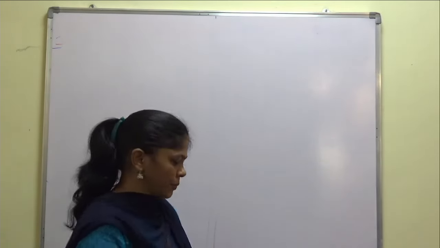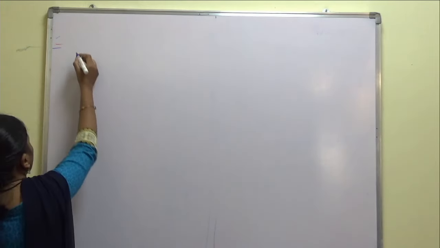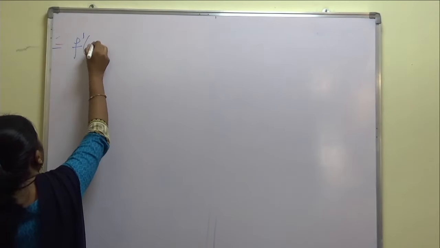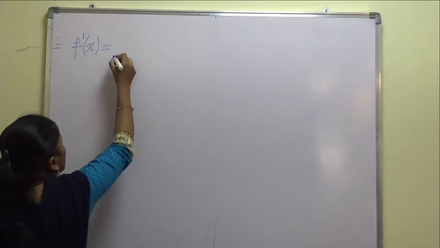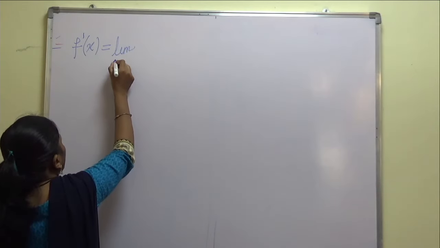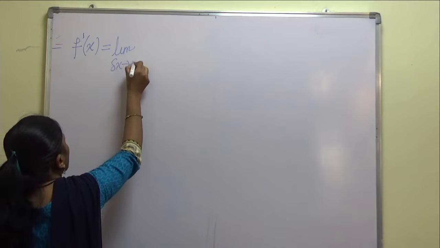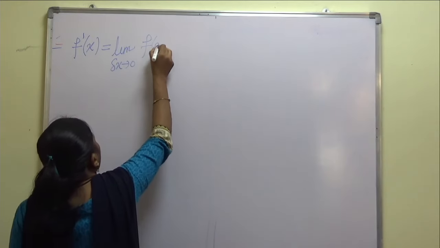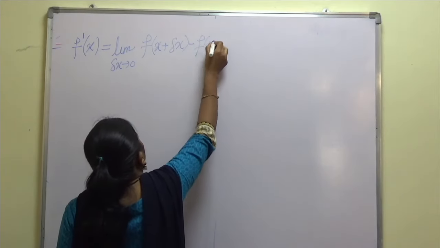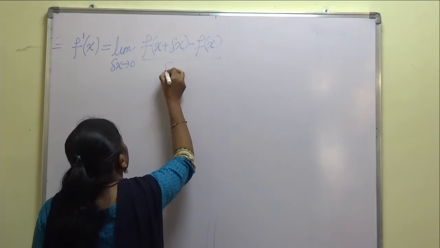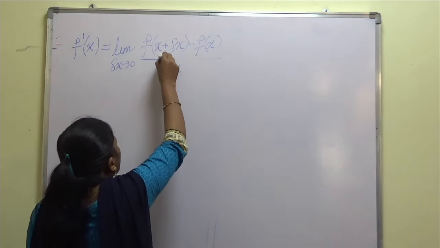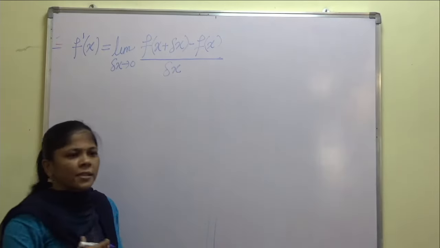We know that for real variable we write f dash of x as the limit as delta x tends to 0 of f of x plus delta x minus f of x, upon delta x, where delta x is a small increment in x.